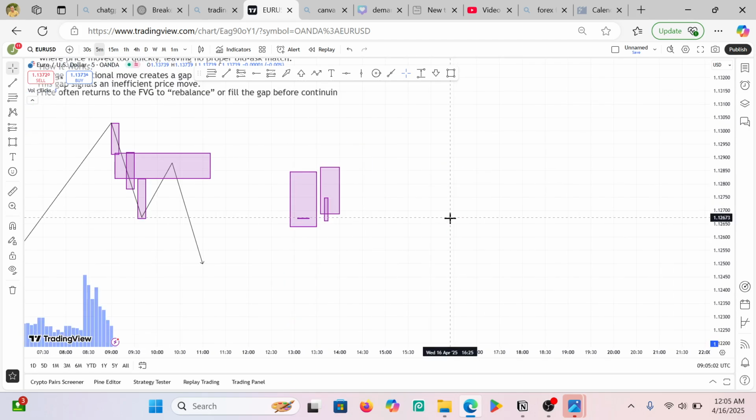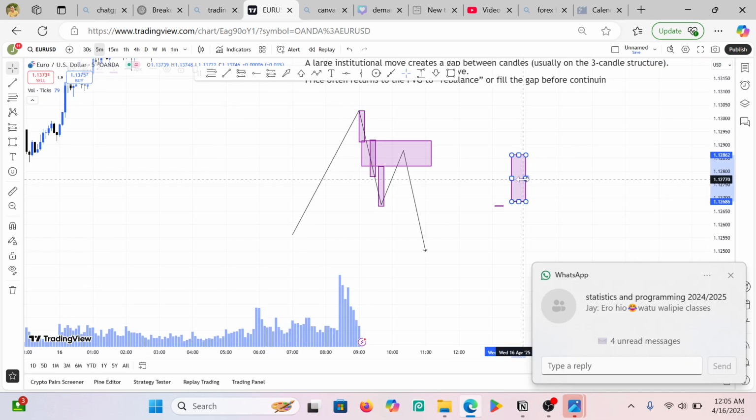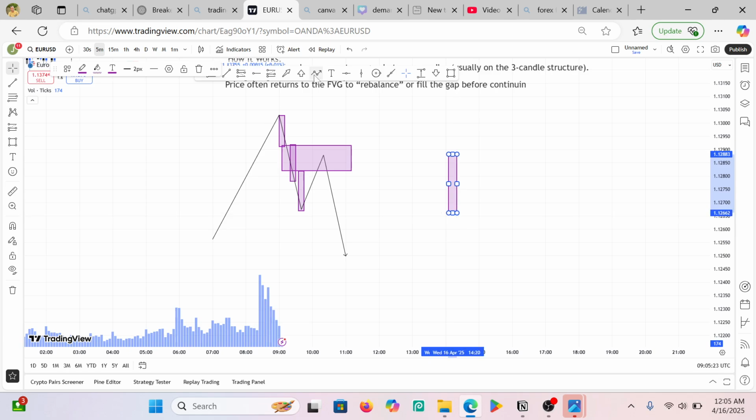Thank you for being patient. What we want is knowledge. I have a problem with my internet, so it is a little bit slow. But let's continue identifying bullish and bearish candlesticks and fair value gaps.